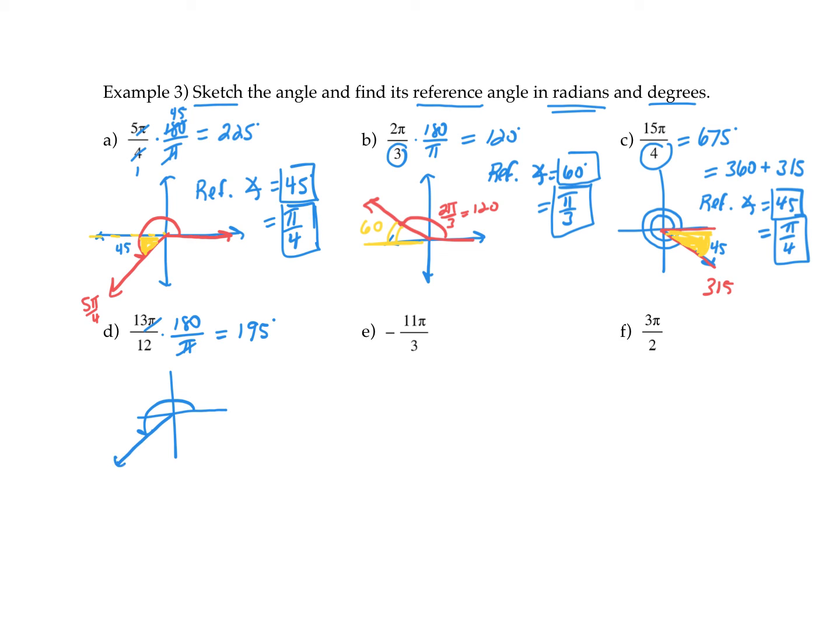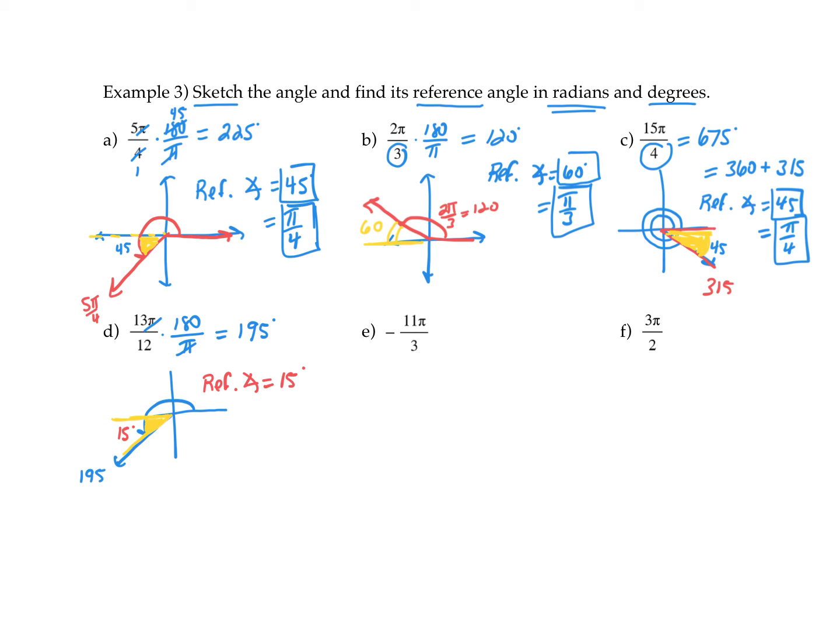All right, so 195 degrees, or an angle of 13 pi over 12. And if I measure back to the x-axis right there, this angle is going to be 15 degrees. All right, so you got a reference angle, a little bit unfamiliar.